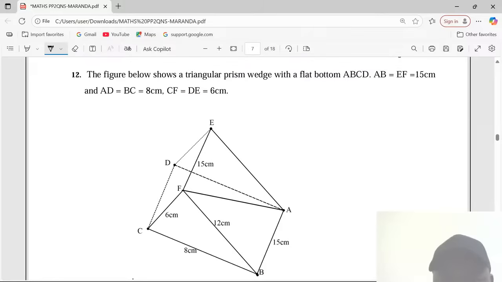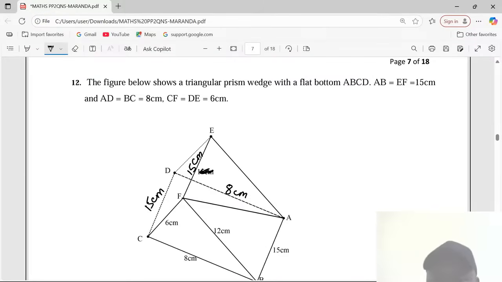So the labeling of EF should be somewhere here, 15 centimeters. Here we say it is 8 centimeters. Then this is supposed to be 15 centimeters that way. That's how the distances are.